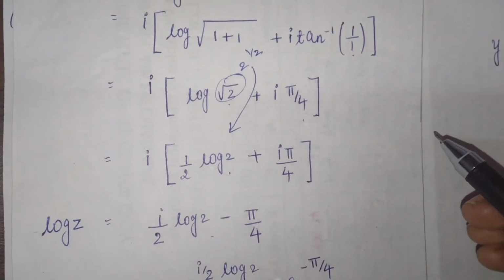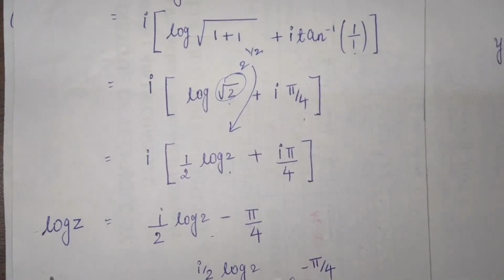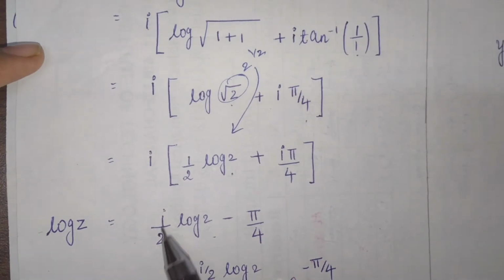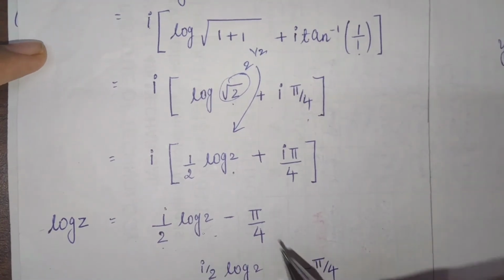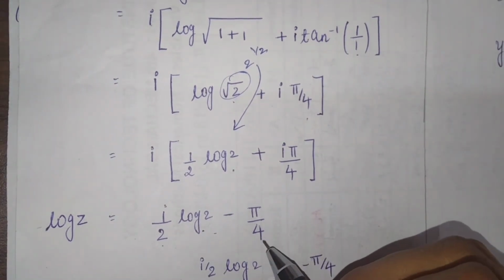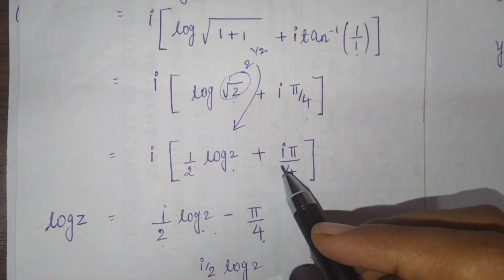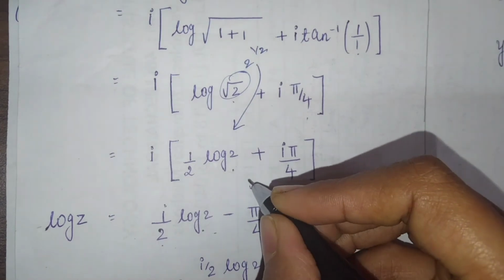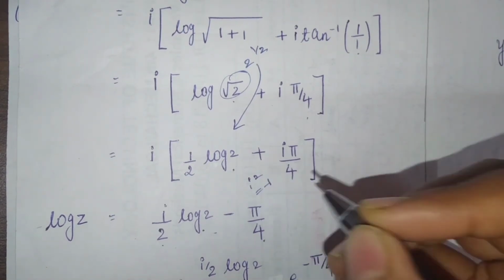Okay? So finally we will get log z equal to i by 2 log 2 minus pi by 4. How did we get minus here? Because whenever we multiply i into i, we get i square, and the value of i square is minus 1.